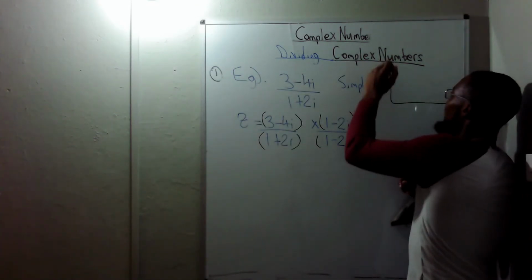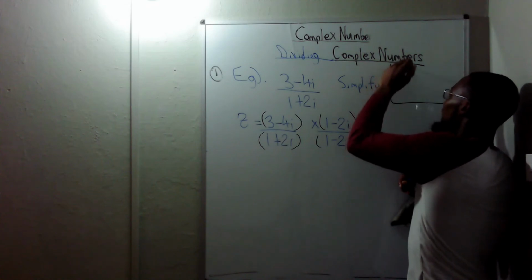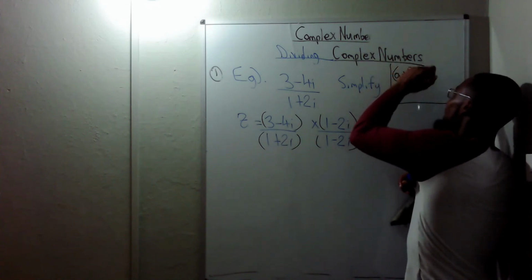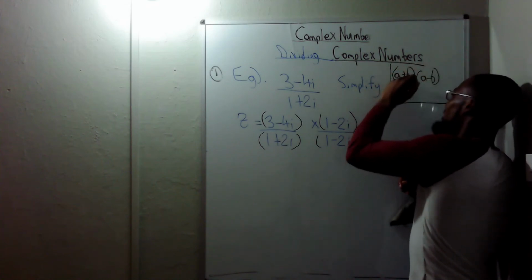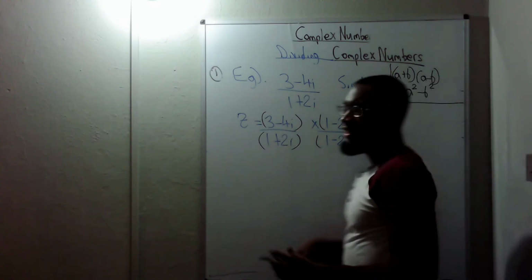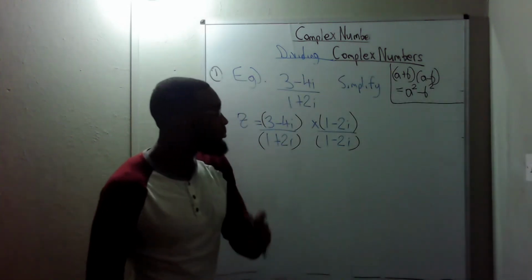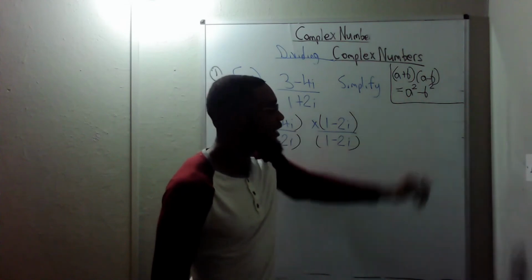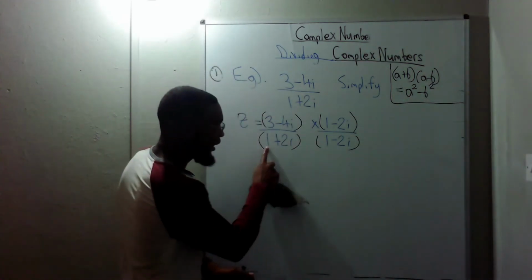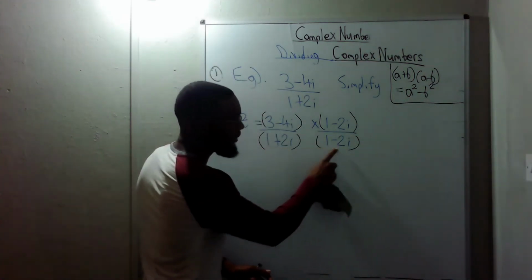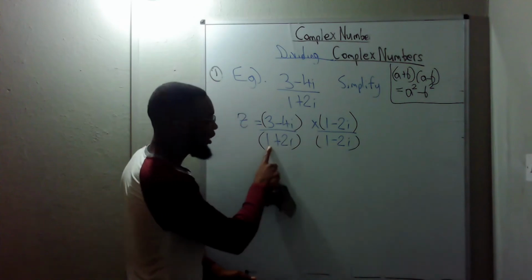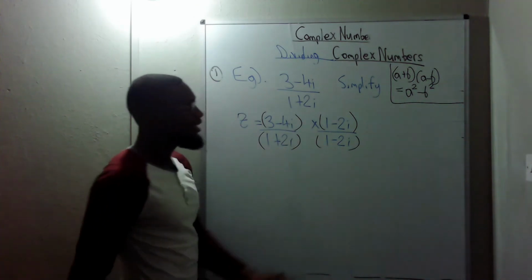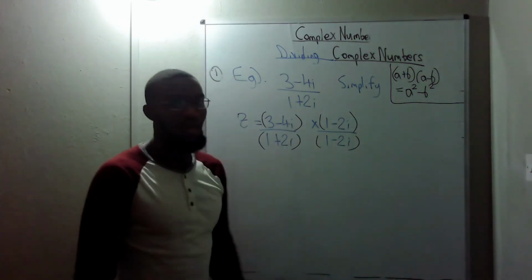Let me put in brackets here: a plus b times a minus b is a squared minus b squared. Guys, you see how the CSEC knowledge is important? A plus b times a minus b is a squared minus b squared. A is 1, b is 2i. Difference of two squares is going to apply.